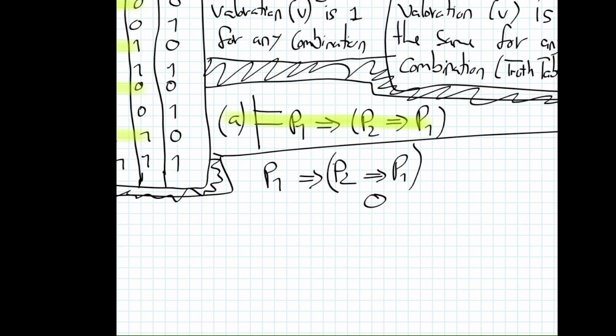For in here, so for P1 we can have a 0 or a 1, and if 0 implies 0, then we get a 1, and if 1 implies 0, then we get a 0, and we assume the worst case scenario in which the outcome can become a 0.